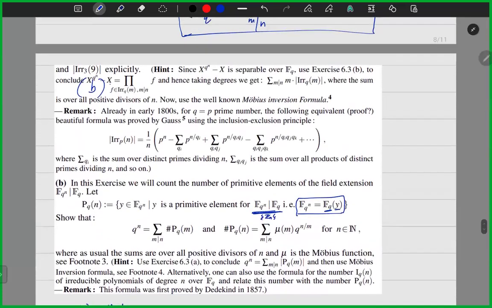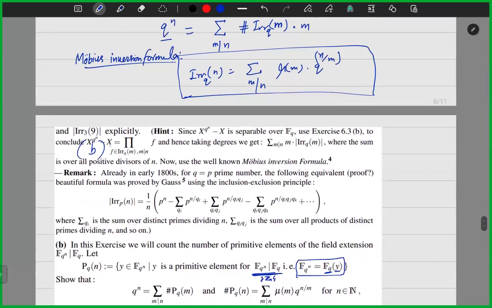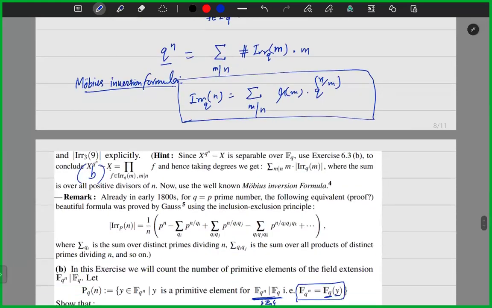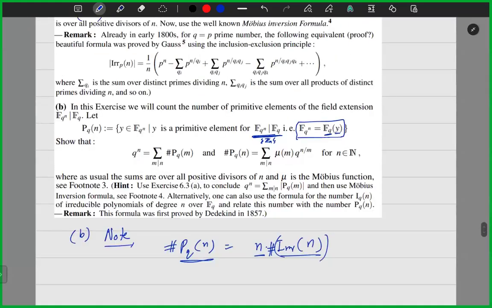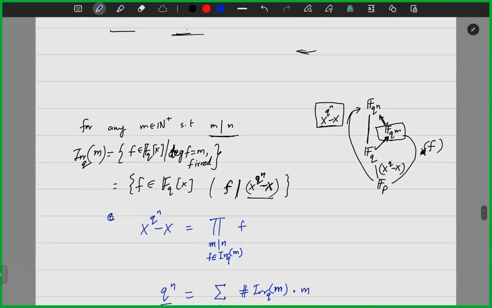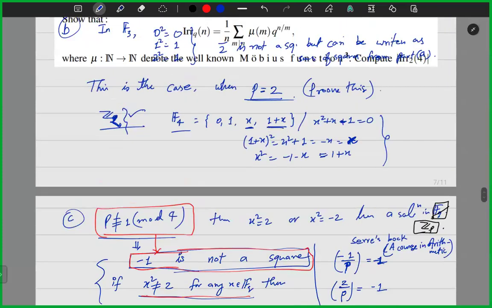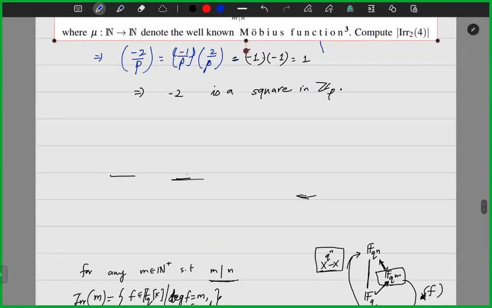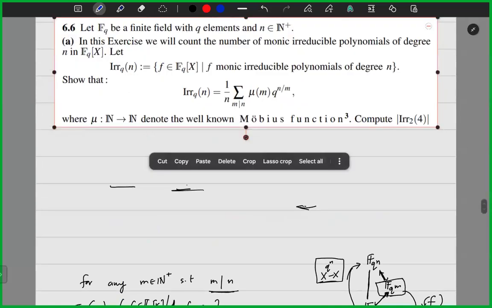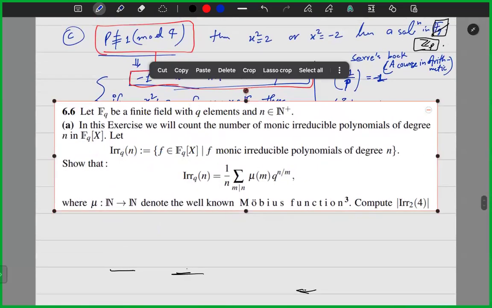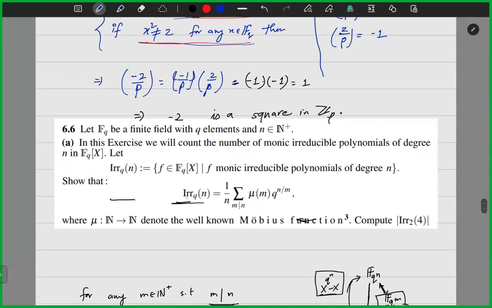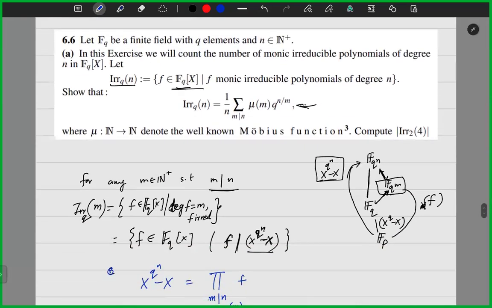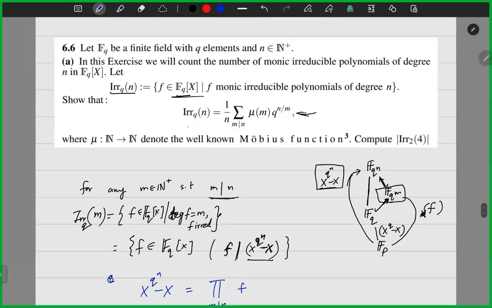So in this case we had shown this, right?